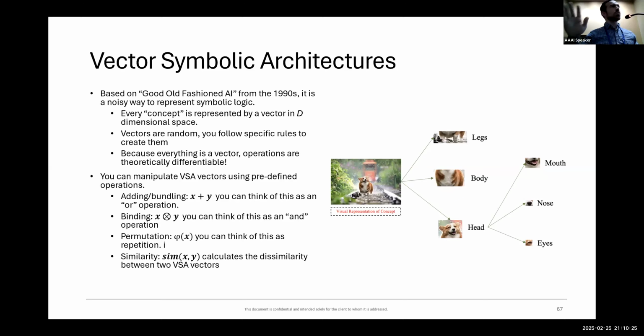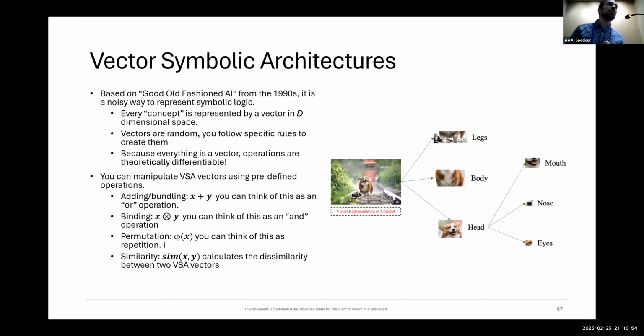I'm going to focus on one primary type of VSA. These can change a little bit depending on which one you're using, but this will be sufficient for our purposes. So you have addition. Addition is regular vector addition. You're just adding the values in the vector together. You can think of this kind of like an OR operation. I'm combining two things. You can have binding, which is sort of like AND, like I'm assigning these two things together. They are now intrinsically linked.